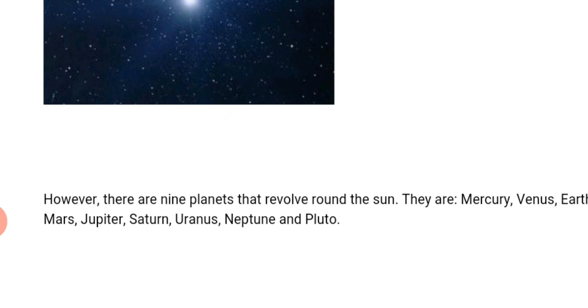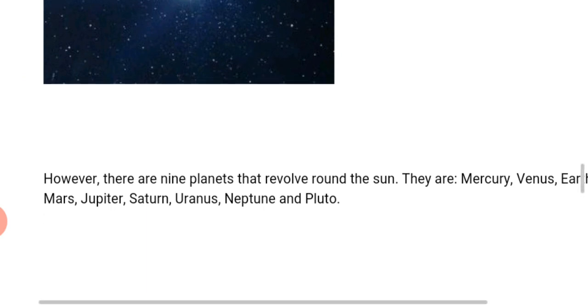Pluto is the farthest planet from the sun, and is the smallest planet, and also the coldest, very cold and also the darkest planet. The hottest of them all is Mercury, because it's the closest planet to the sun.